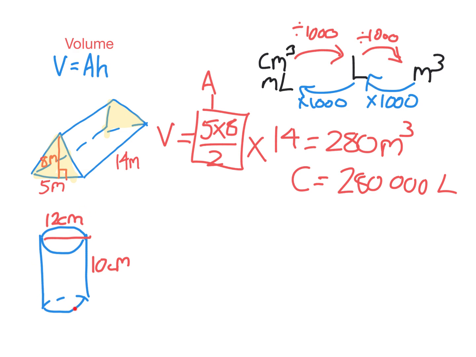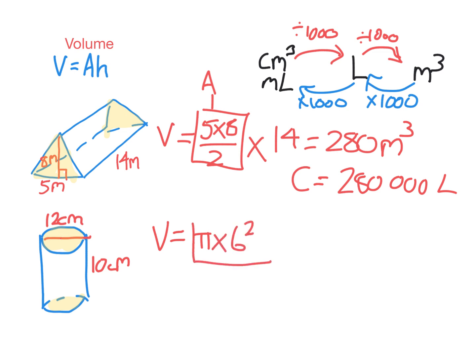All right, let's calculate the volume of this cylinder. Now, a cylinder, though it's technically not a prism, you can still use this formula for a prism. So the area of the base, what's the base? Well, the base is the shape that's repeated, so it's going to be a circle in this one. So the area of the circle, the base, is pi r squared. Now, if the diameter is 12, then the radius is half of that, it's 6.